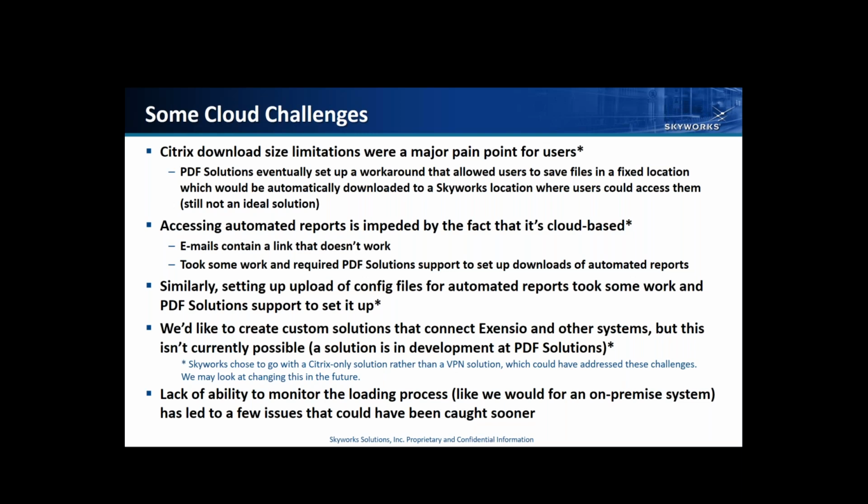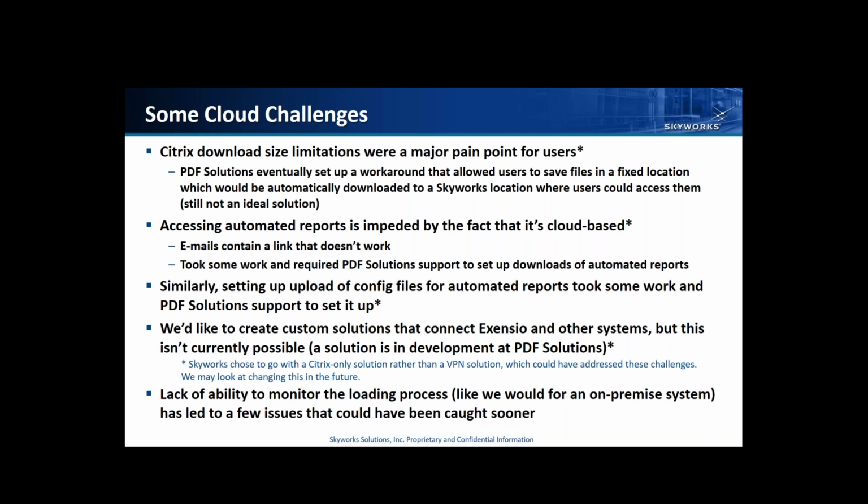Getting automated reports set up was a bit of a challenge, and again, it had to do with the fact that we had basically a firewall between Exensio and the users. I think one of the options with automated reports is that an email goes out with a link.